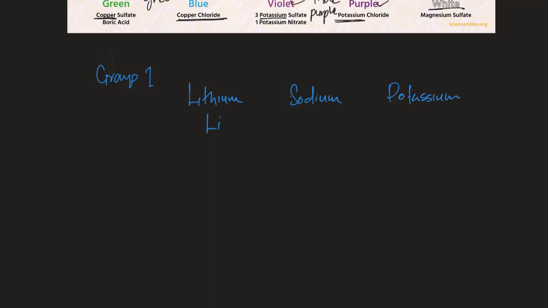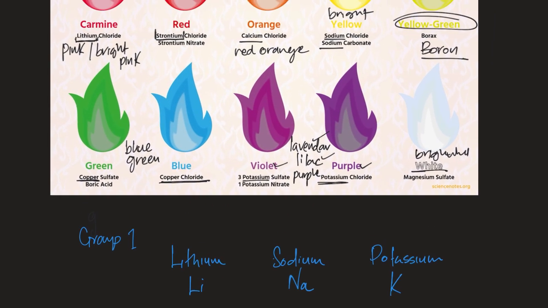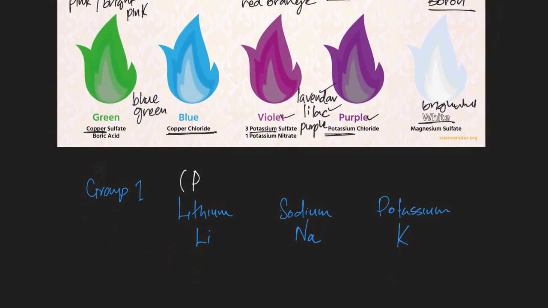The symbols are Li, Na, and K. I know now that lithium, if I check my colors, is a pink flame. Sodium, I know, is a yellow flame. And potassium, I know, is a purple flame.